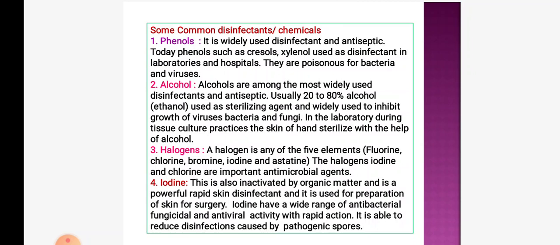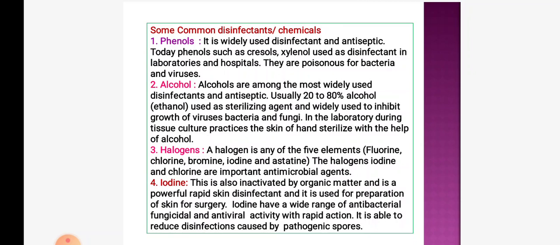Halogens, any of 5 different elements, are used as sterilizing agents. It is any of the 5 elements: fluorine, chlorine, bromine, iodine, astatine.